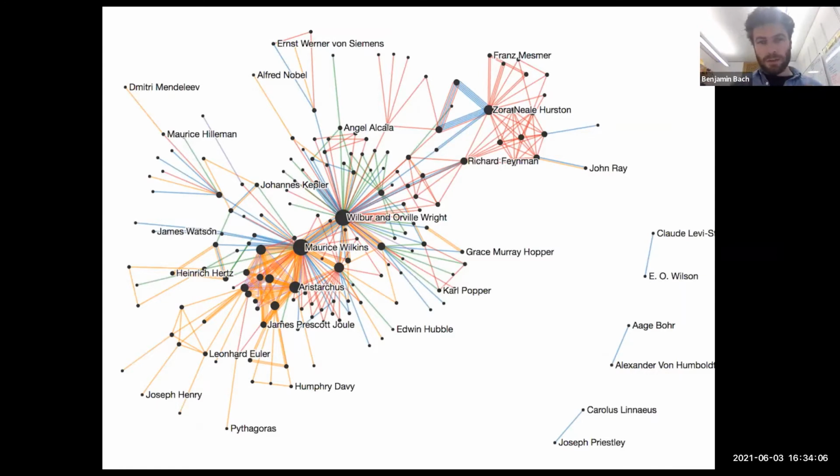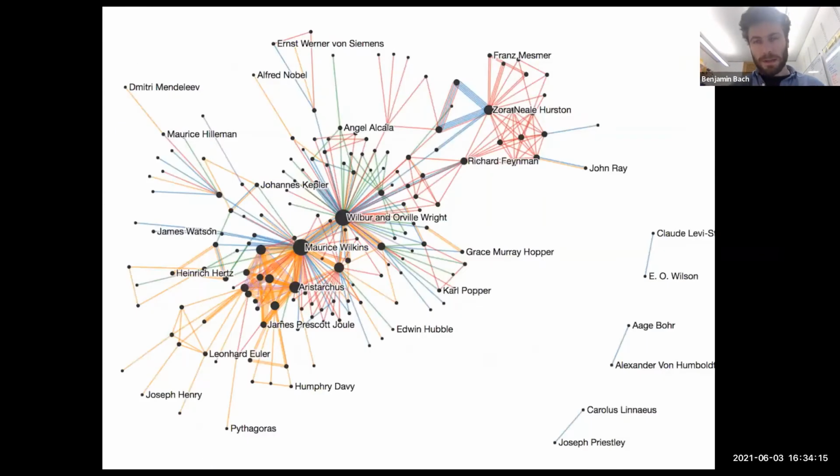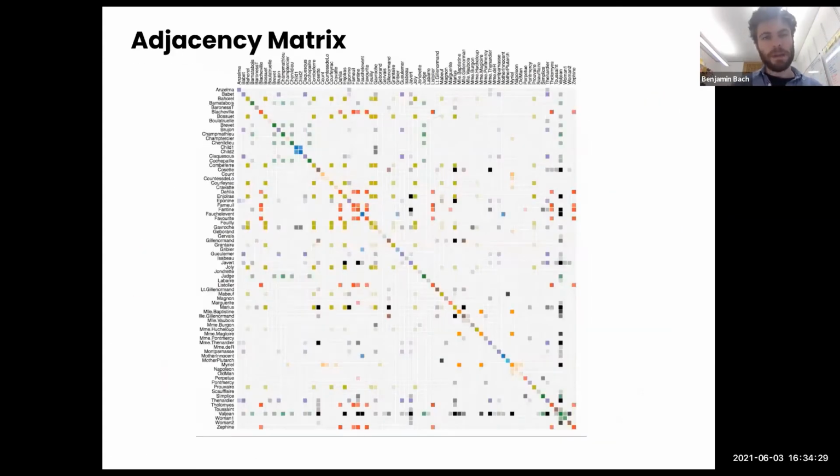If you would just tell the computer to render these nodes and links with random positions on the screen, you would get something like this. But there is a force-directed algorithm in the background that optimizes the nodes, using some concepts from physics and springs and so on, to put the nodes in the right position. And the same we can apply to these matrices.